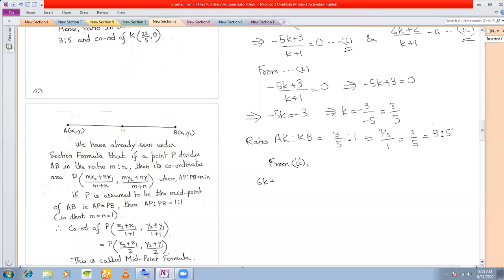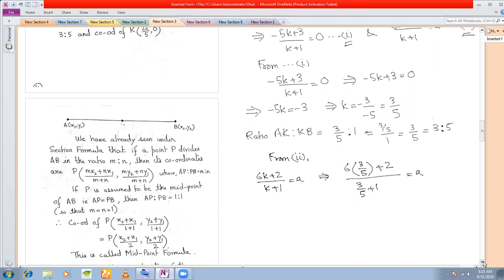6k plus 2 by k plus 1 must be equal to a. Put the value here. Okay, the value of k we have got as 3 by 5.